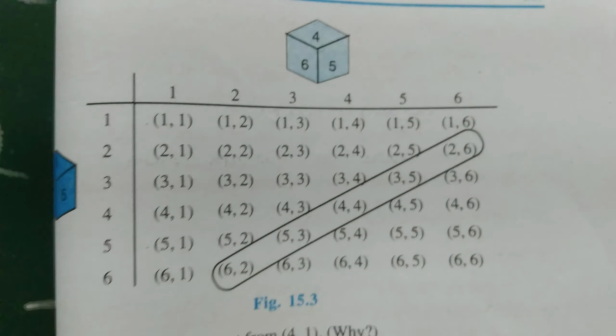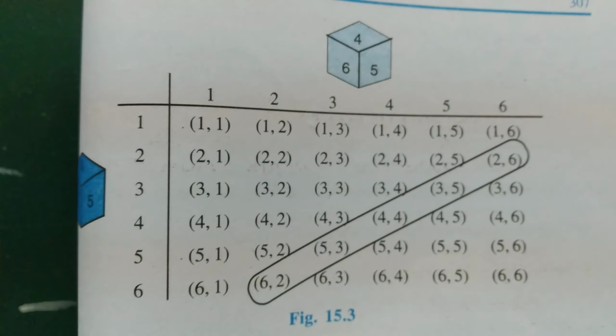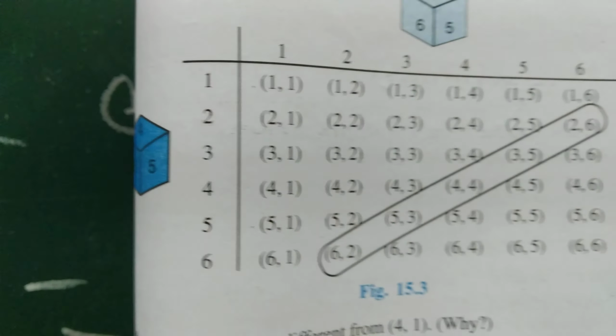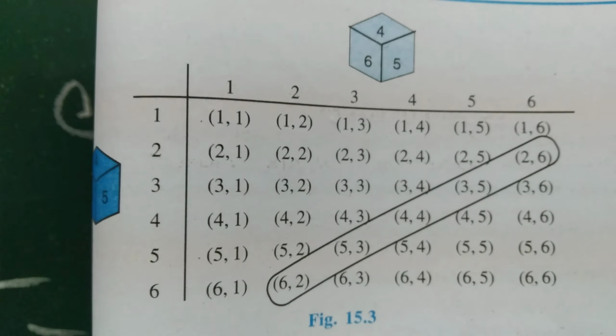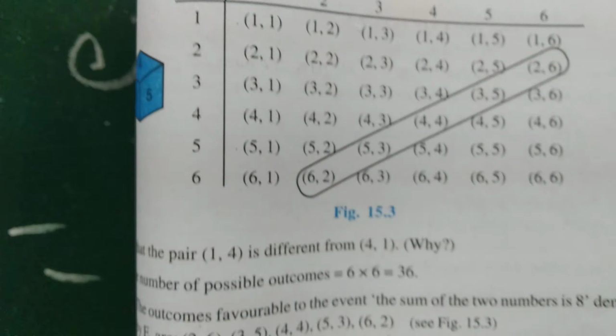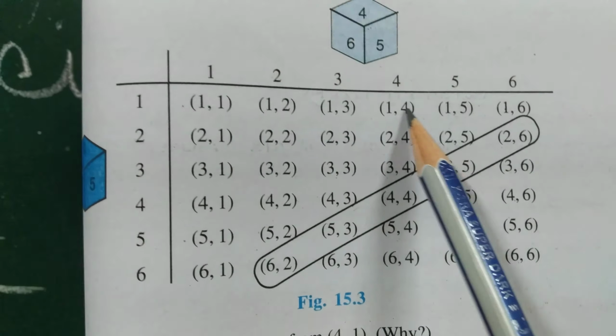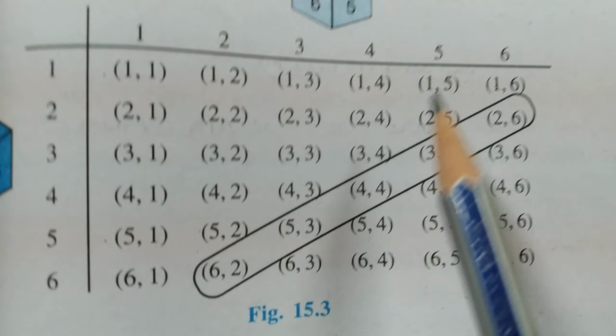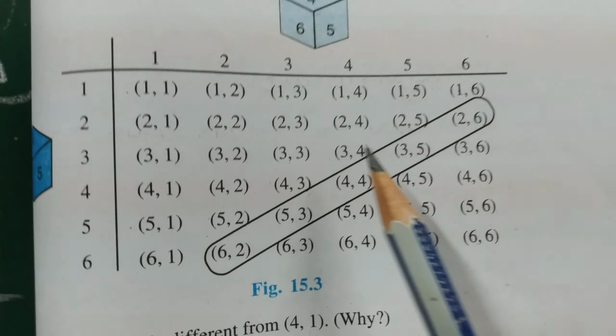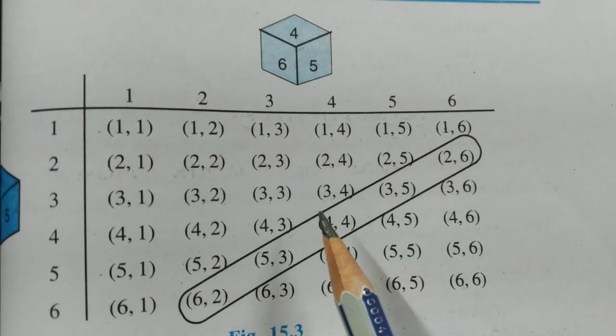So the students, remember yesterday we saw in question number 22, when we throw a die twice, the possible outcomes are 1 1, 1 2, 1 3, 1 4, 1 5, 1 6. That you have to write in your notebook. Again, I am not writing, I am showing only from the book.